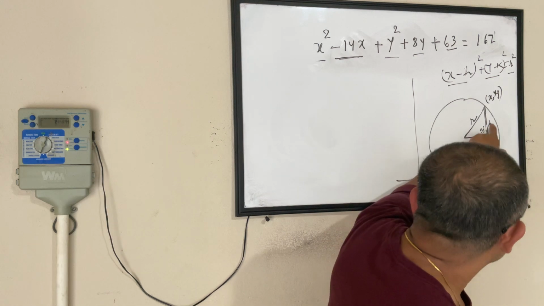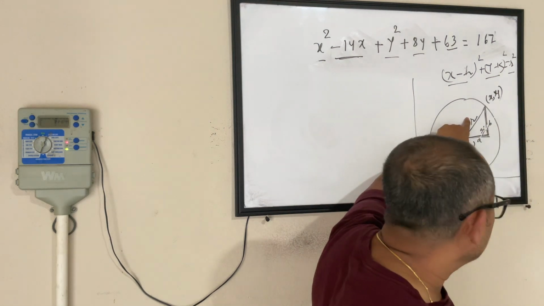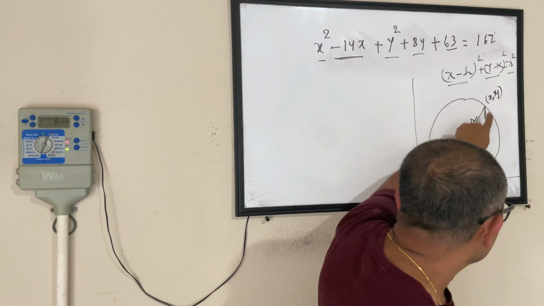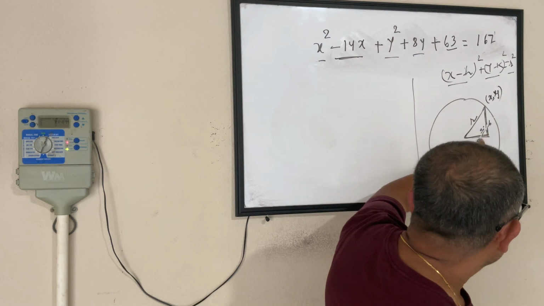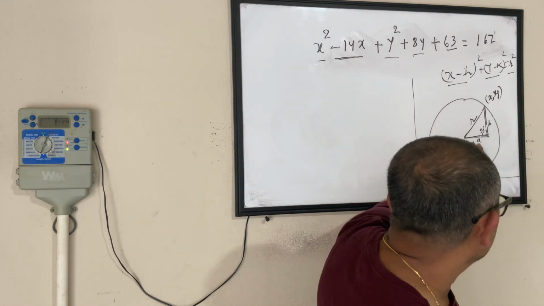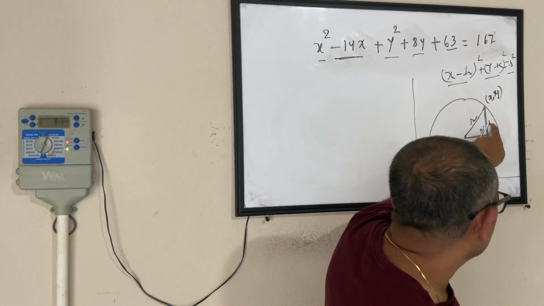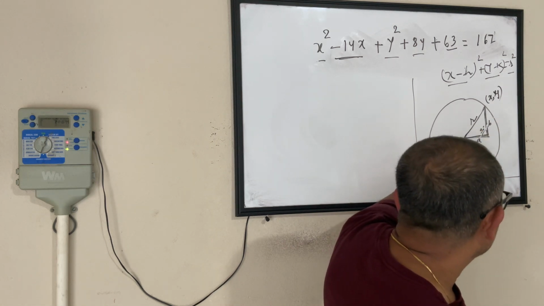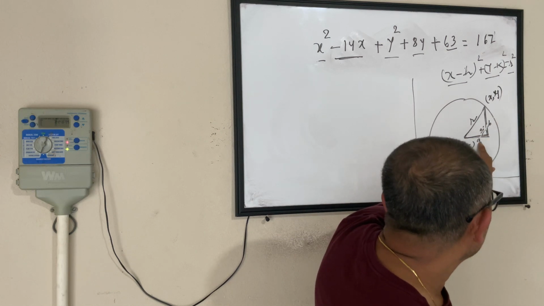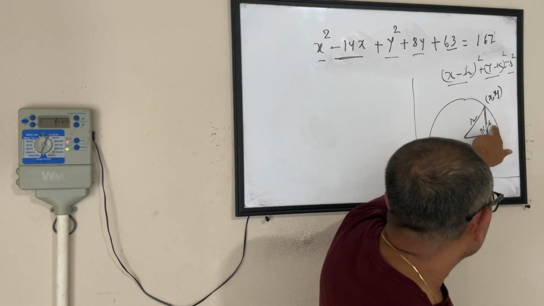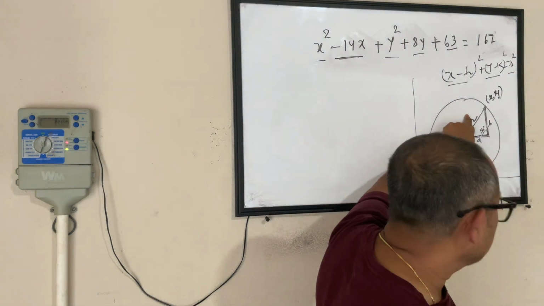This square plus this square equals this square in a right angle triangle. So the base square and the adjacent side square will be equal to the square of this.